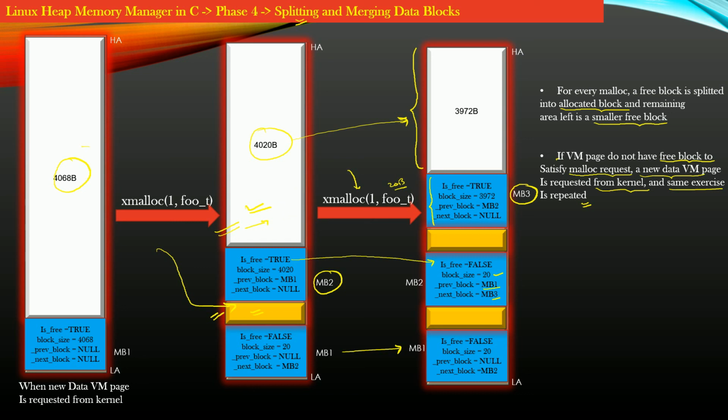This process is called block splitting. So always remember that it is the malloc request which results in block splitting. Free calls never result in block splitting. We will see that free calls actually lead to block merging and not splitting.